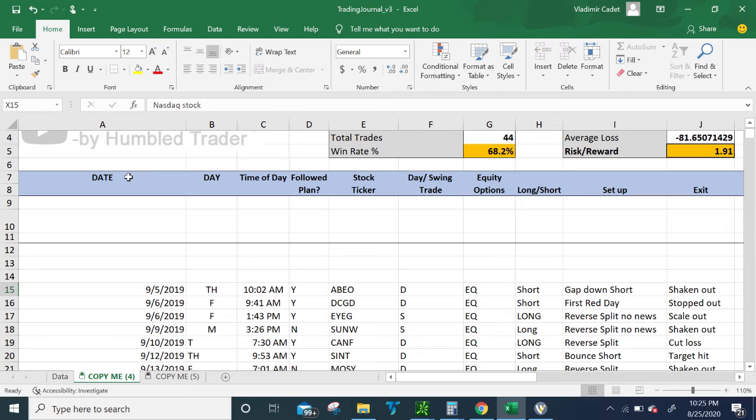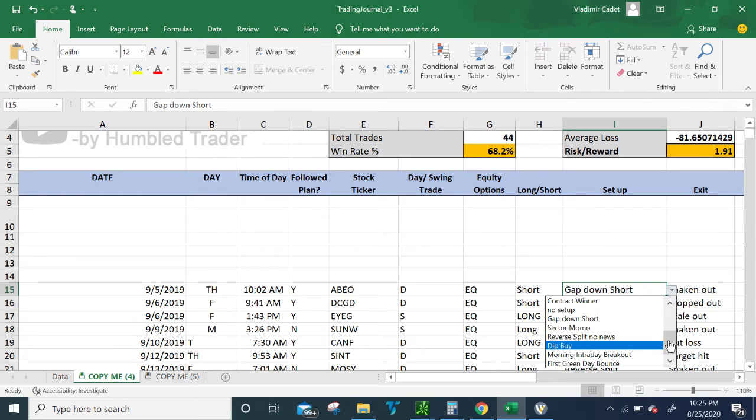Then the same thing, we have date, day, Monday, Tuesday, time of day. Did I follow my plan? Stock ticker. Was it a swing trade? Equity? Did I go long? The setups, it's gonna be like a drop down.